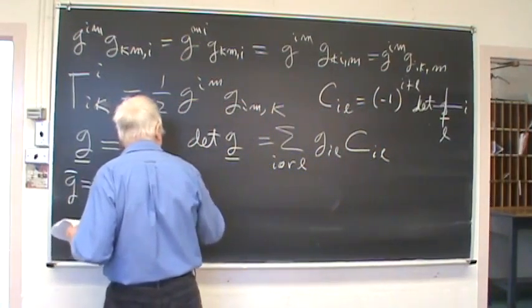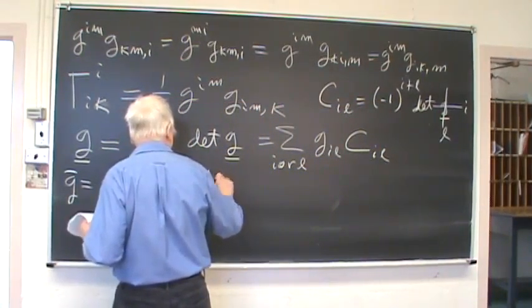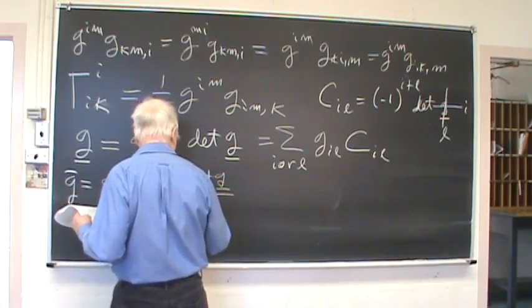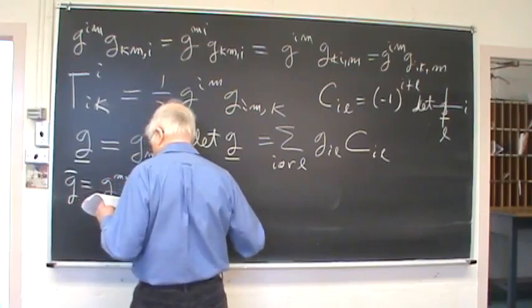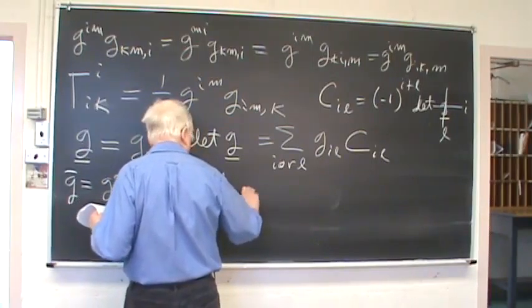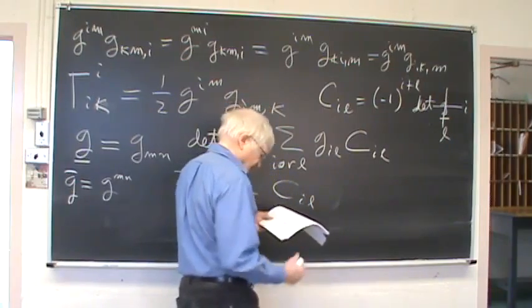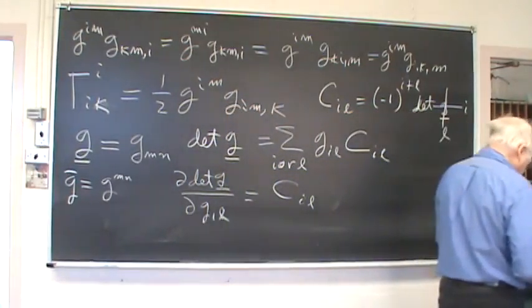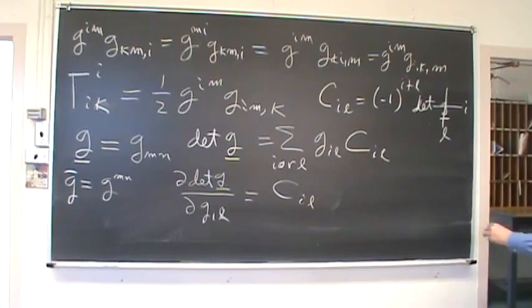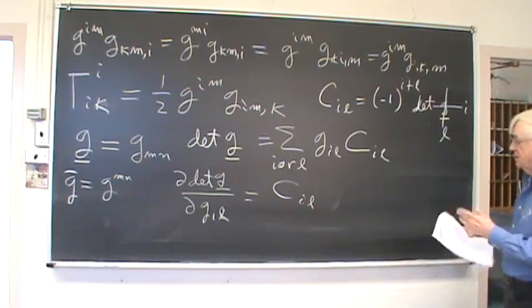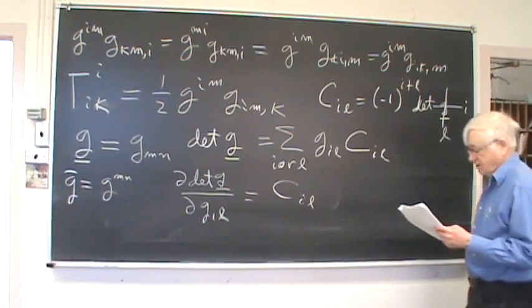So I'm going to take the partial derivative of the determinant of G covariant with respect to G_{IL}, and that, of course, is C^{IL}. It's the cofactor. Okay, so that's one nice result.